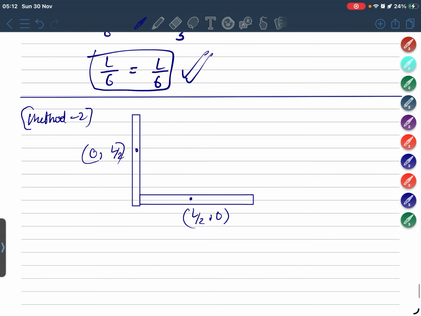As we know from the definition of center of mass, what's the definition of center of mass for a system?